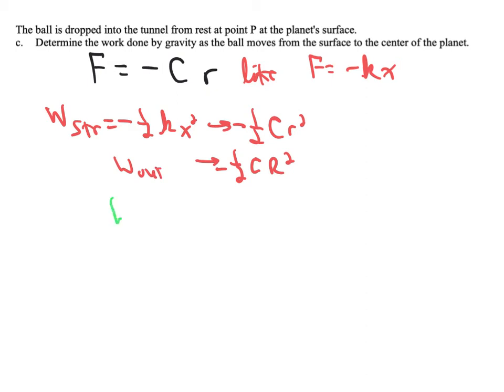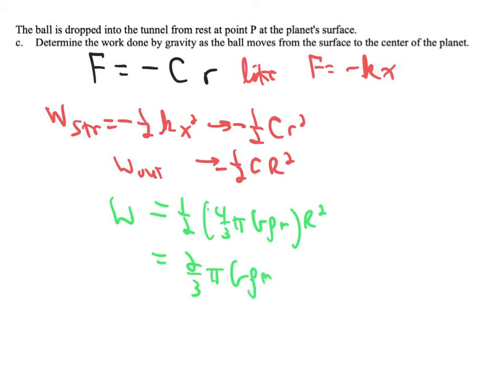And again, our inward bound work is the other: the work the spring does in contracting back after being stretched is the positive version. And so we get this times our constant, which was 4/3 pi G rho m, times R squared, or again 2/3 pi G rho m R squared. So there you have 3 different ways to answer part C, all of which are perfectly acceptable, and approach the problem from slightly different points of view.